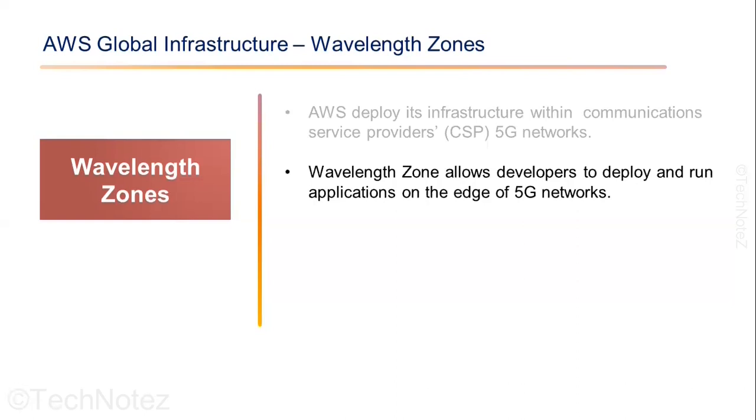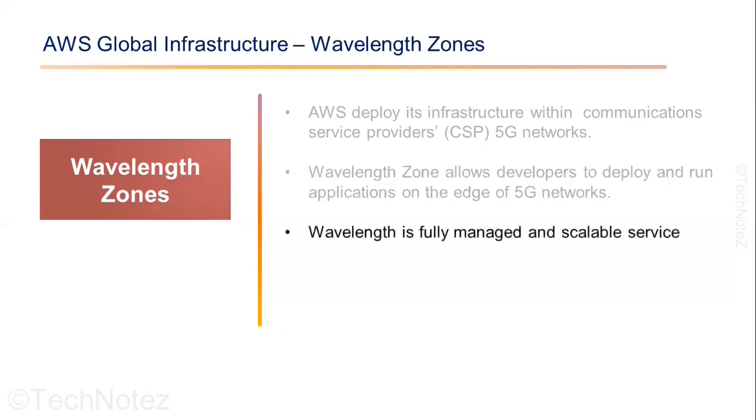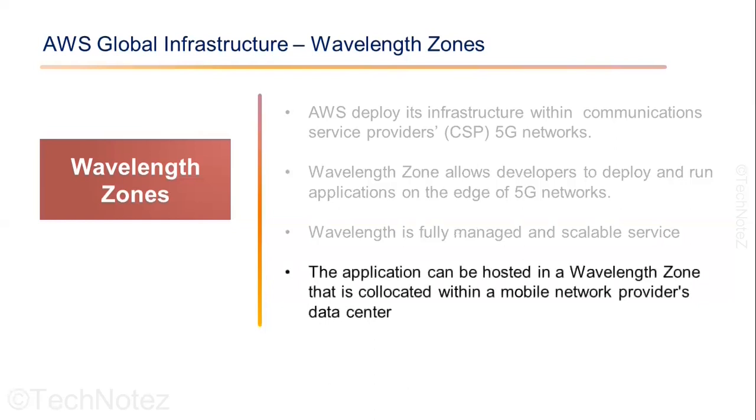Currently, Wavelength Zones are available in very limited availability. Wavelength Zone is a fully managed and scalable service. The application can then be hosted in a Wavelength Zone that is co-located within a mobile provider's data center. An example of how an application might use the AWS Wavelength Zone is an online gaming application that is designed for mobile users.